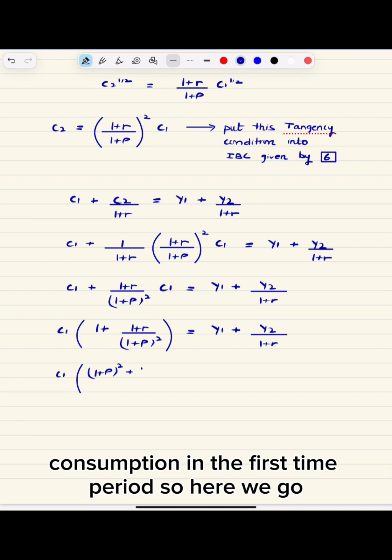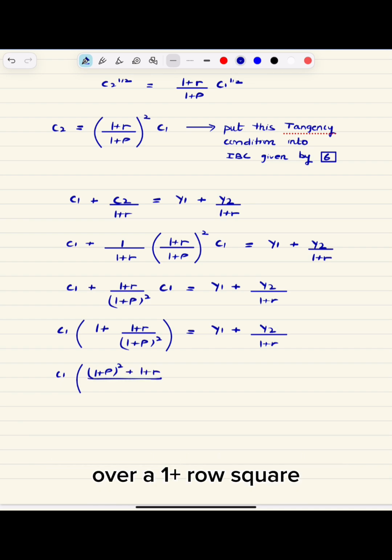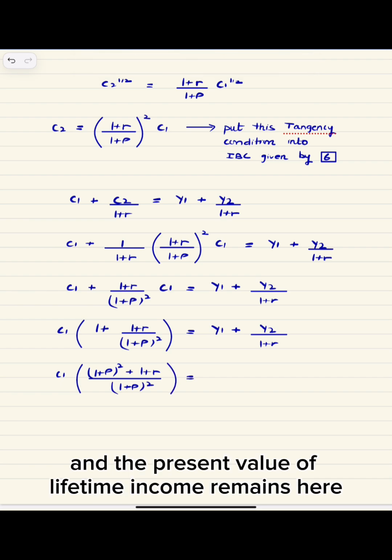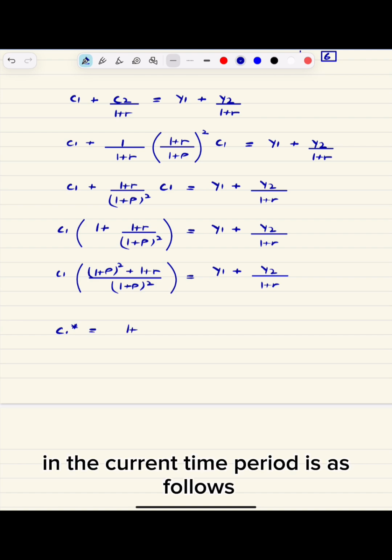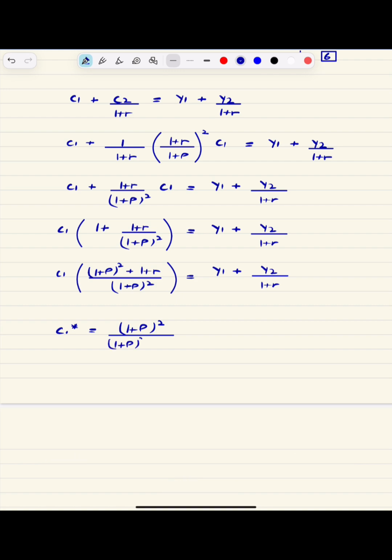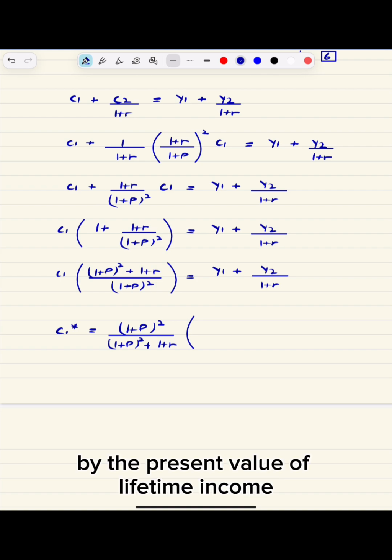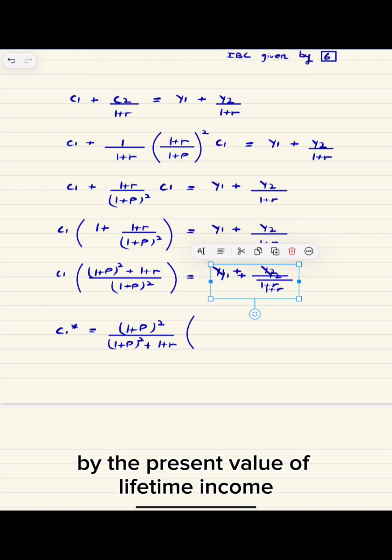So here we go, over (1 + rho) squared, and the present value of lifetime income remains here, and therefore my optimal consumption in the current time period is as follows, being multiplied by the present value of lifetime income.